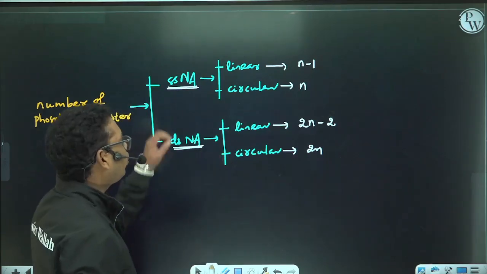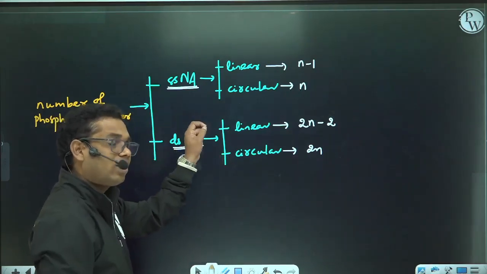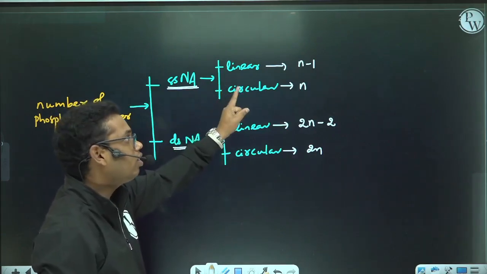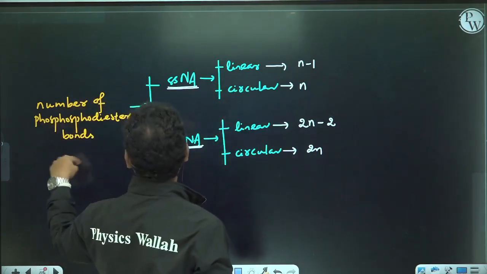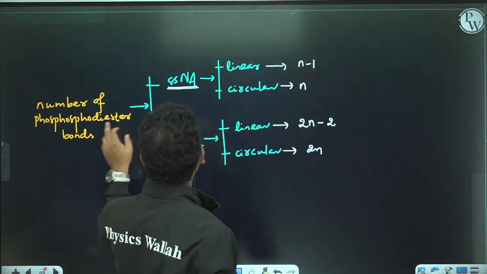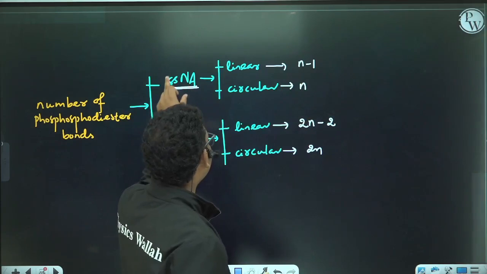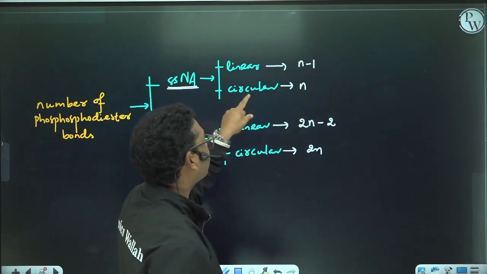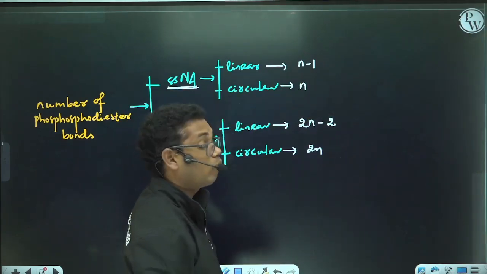If the nucleic acid, whether DNA or RNA, is linear in nature, the number of phosphodiester bonds will be n minus 1. And if the single-strand DNA or RNA is circular in nature, the number of phosphodiester bonds will be n.